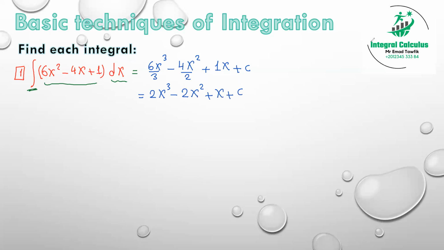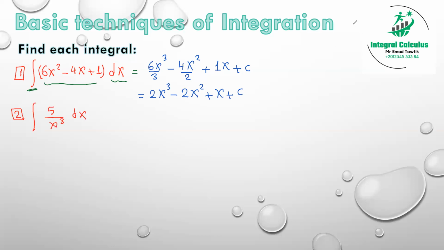For any question like this, you have to add 1 to your power and then divide by the new power. But if I go to the second problem, the integration for 5 over x to the power 3 dx, how do I integrate it?